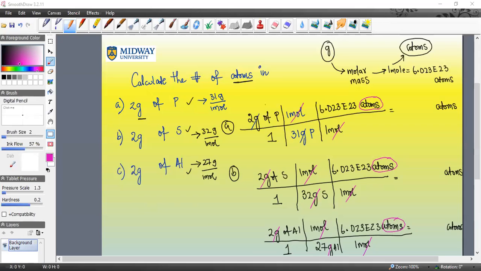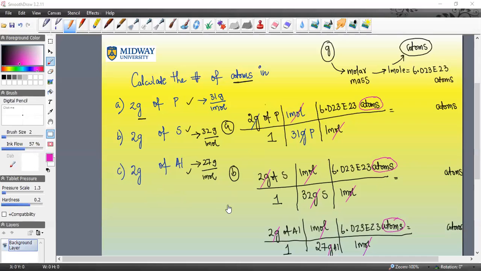Okay, so when you are doing the actual calculation itself, you have to use the exponent option. So it'll be 2 times 6.023 exponent 23, and then you divide that by 31.